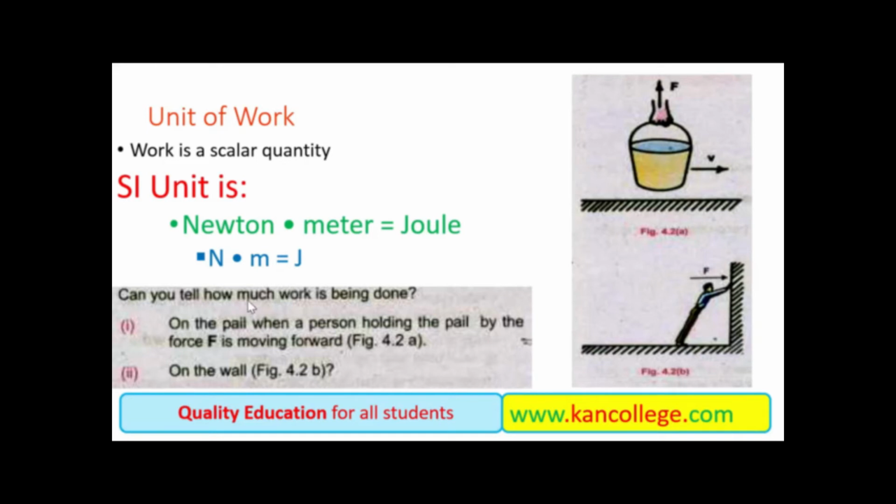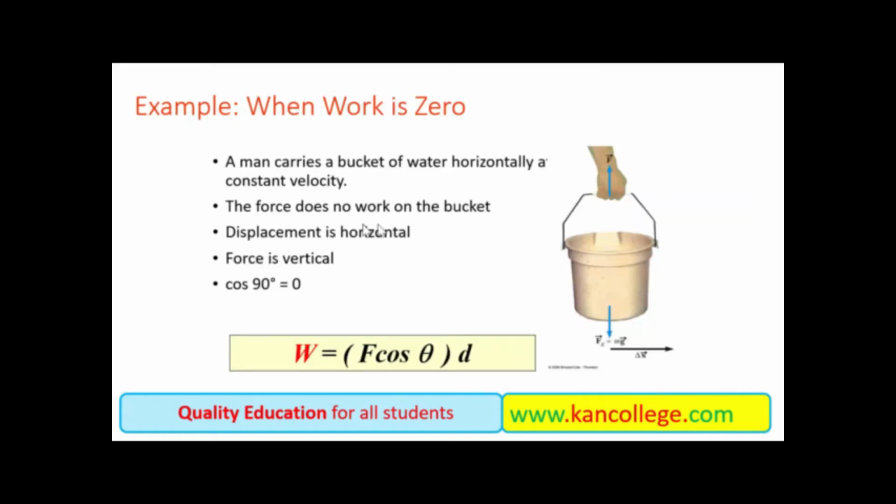Can you tell how much work is being done in these two phenomena in figure 4.2a and 4.2b? In the first figure, you see that when a bucket is carried, the force applied on the body is vertical and no horizontal component of the force is applied on the bucket.